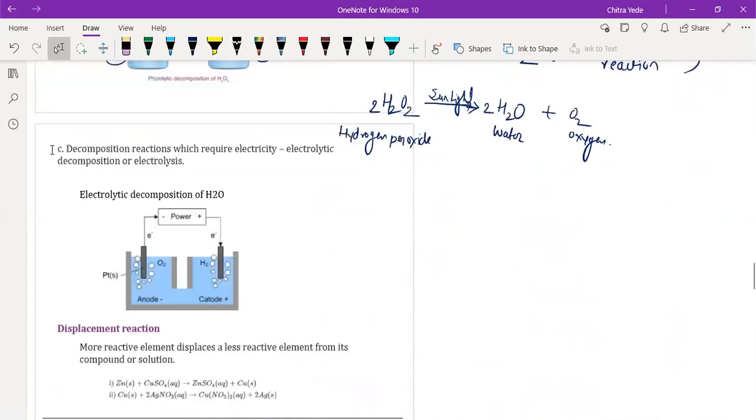Now next, if electricity is used, then it is called an electrolytic decomposition reaction. Okay, electrolytic decomposition reaction. So what happens? We'll discuss it.